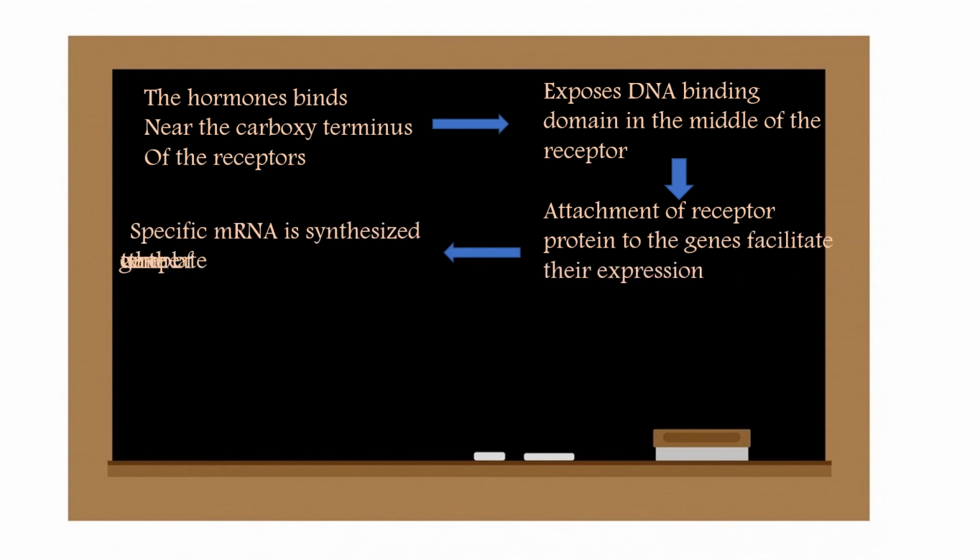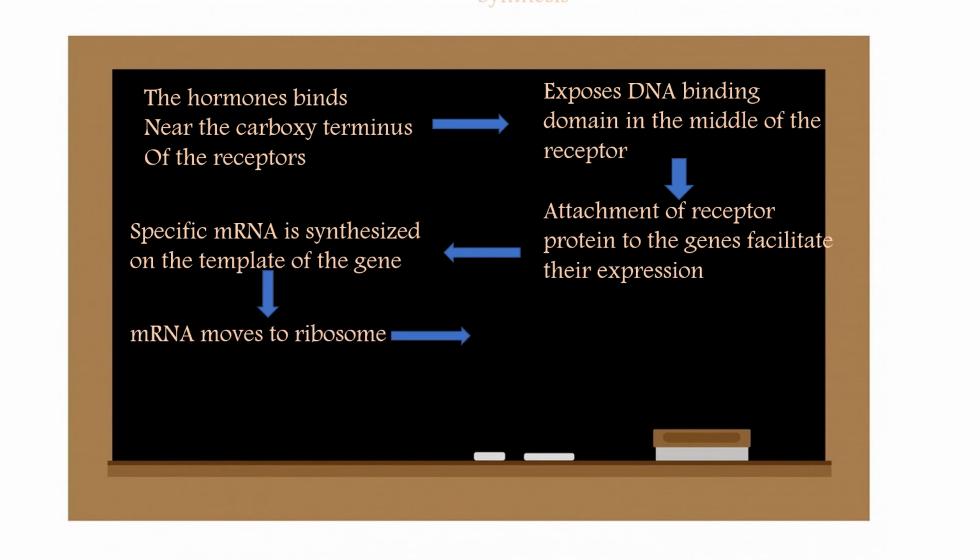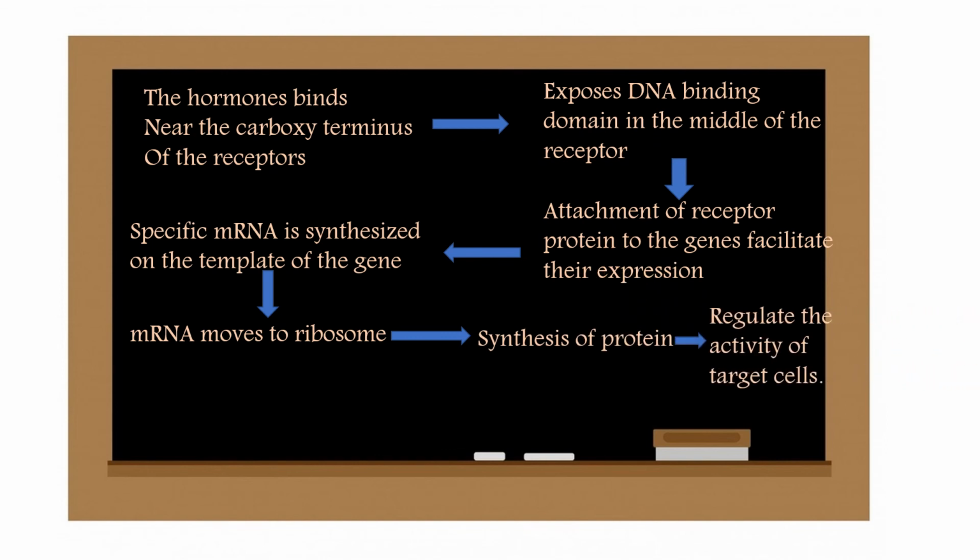Now, specific mRNA is synthesized on the template of the gene, and this mRNA moves to the ribosome, and thus directs synthesis of protein and regulates the activity of the target cell.